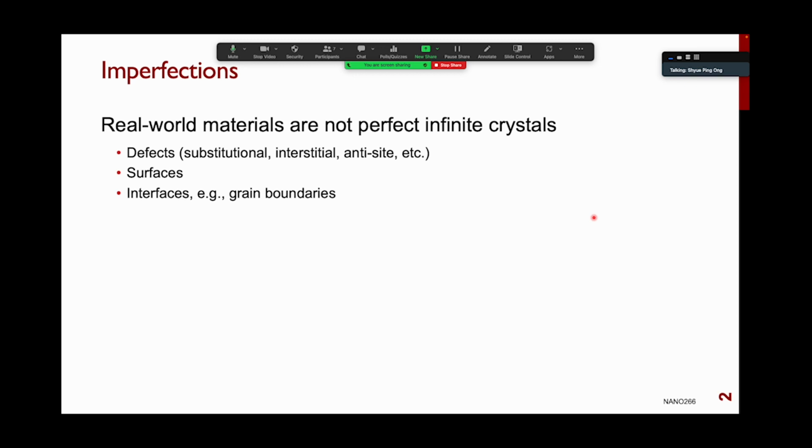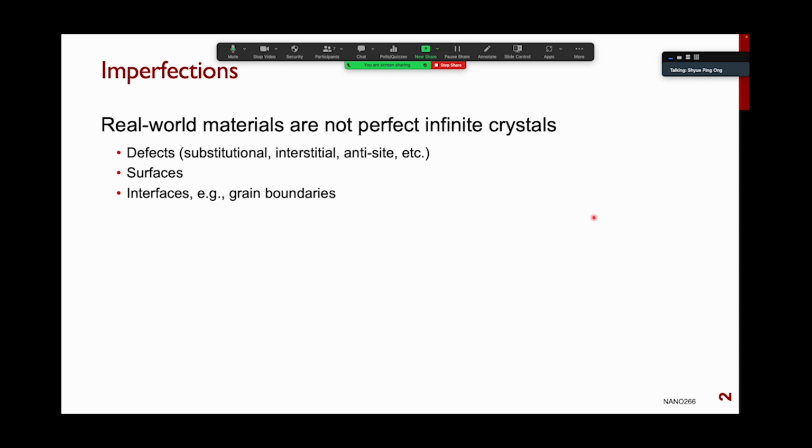We have seen this slide before. Basically, so far, most of the materials that we have been simulating are perfect infinite crystals, right? In other words, we are assuming that there are no defects in them, there are no surfaces, there are no interfaces. And real world materials are of course not like that.